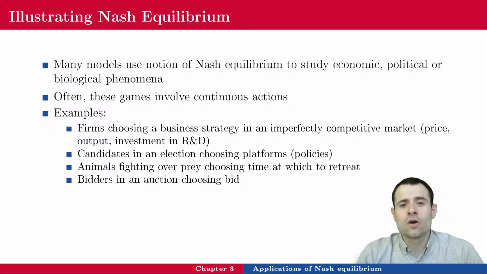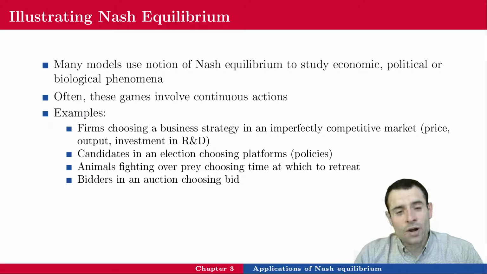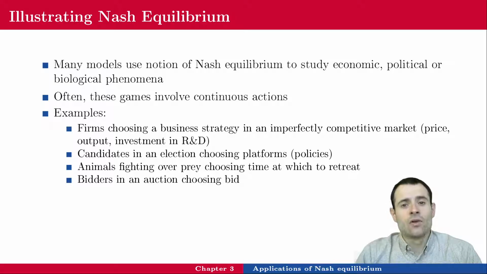Some auctions are about bidding one after the other until there is no higher bidder. Others are about the price of a good being fixed at a very high level and decreasing over time, and the first person who stops is going to be the one to get the good.